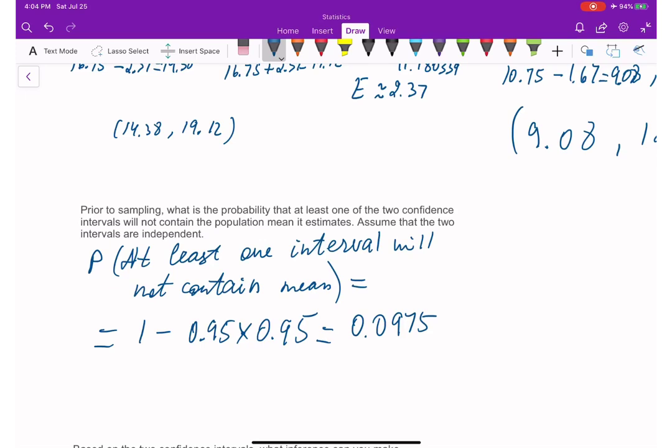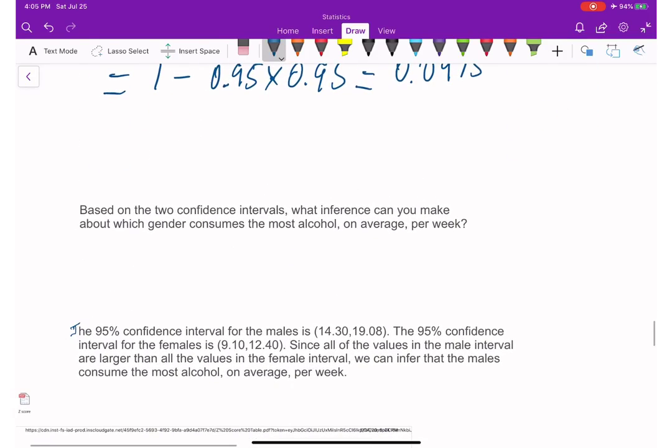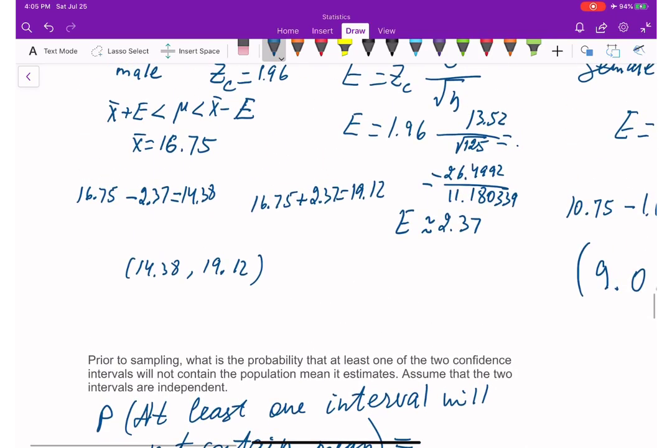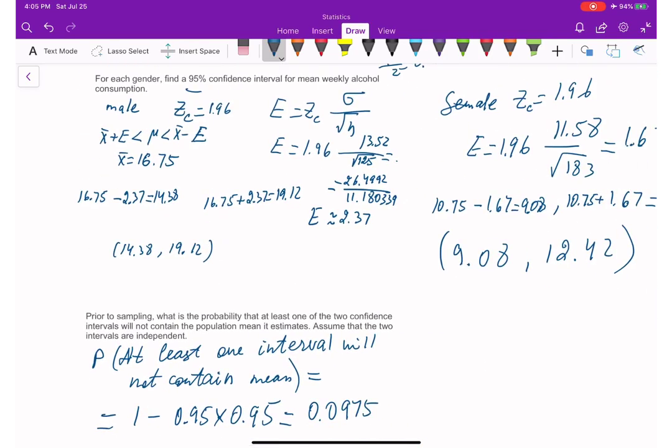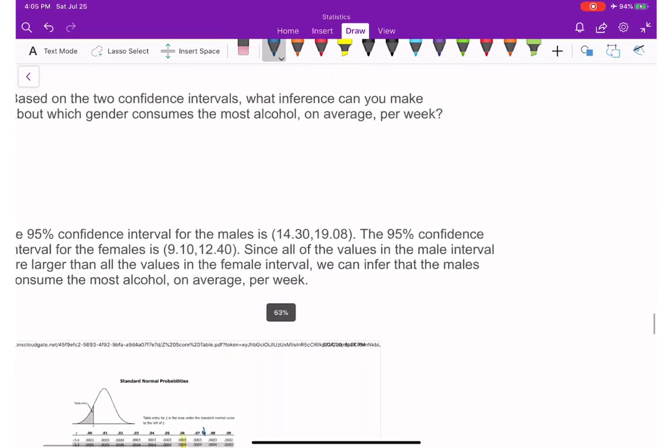And one more question is here. It's asking, based on the two confidence intervals, what inference can you make about which gender consumes the most alcohol on average per week? So, I put it down already here. For male, 14.38 and 19.12. For female is this much.